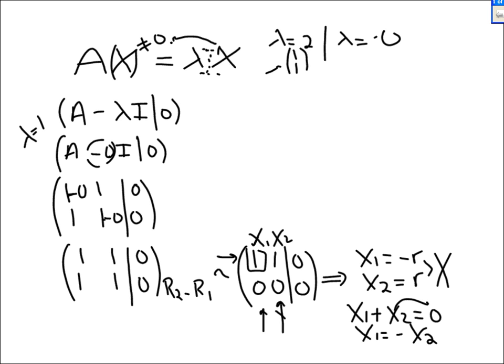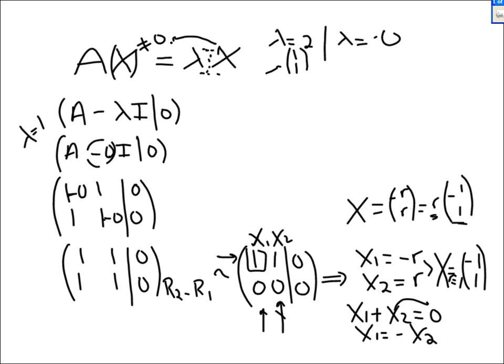So big X, when R is equal to 1, is negative 1, 1. In fact, since x1 is negative R, I can factor out the R and say I'm a multiple of that. Any multiple of negative 1, 1.